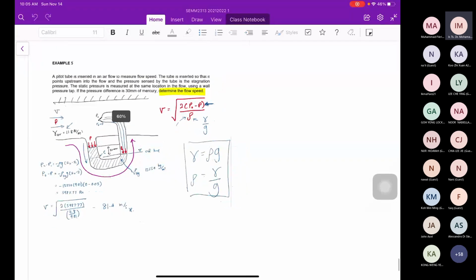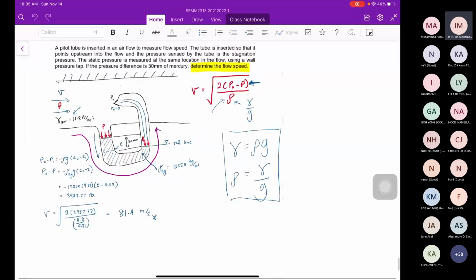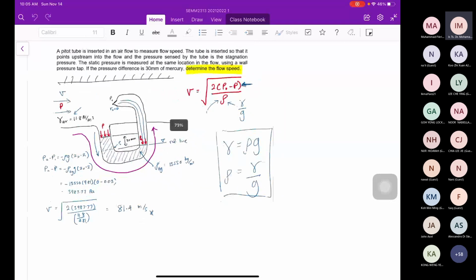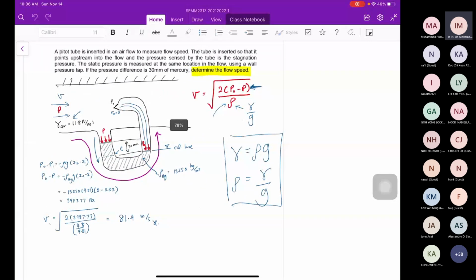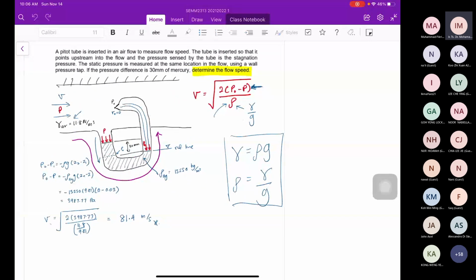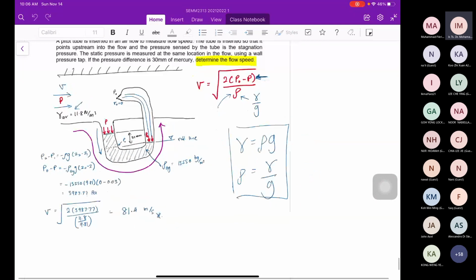So we did example 5, where we need to analyze the velocity at the stagnation point. From here, we do the manometry measurement. We can see it is a manometer, and then we calculate the pressure difference.